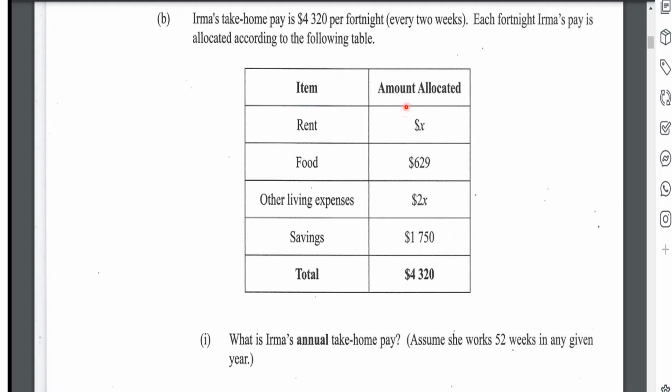And in this column called amount allocated for rent, X dollars, food, $629, other living expenses, 2x dollars, savings, $1,750, making a grand total of $4,320. The question asks, what is Irma's annual take-home pay? Assume she works 52 weeks in any given year.